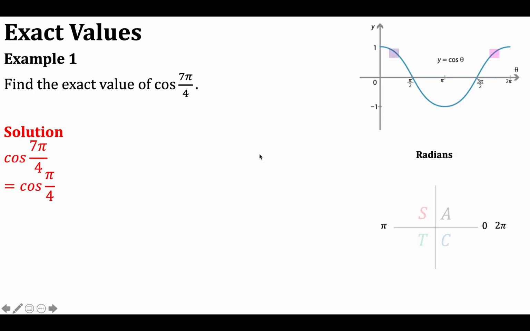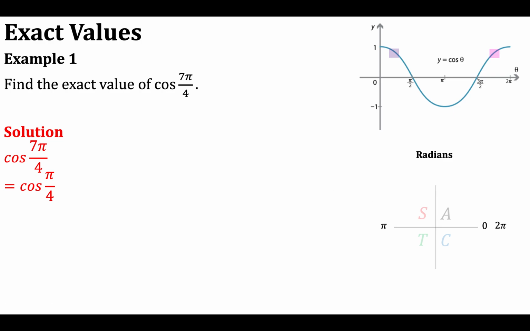You might need to use a cast diagram for this, which is absolutely fine. So starting at 0. Now I've got 0, pi and 2 pi. Now you'll remember in the first lesson about radian measure, we were counting in increments of pi over 4, and this is to try and help you here as well.